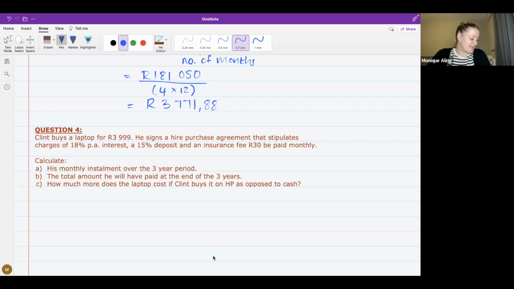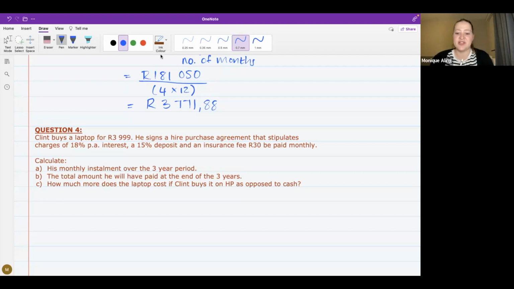So Lek has given us an answer already, and it is correct. On fire. Nice. Good, Whitney. Yes, yes. Oh, okay, now they're all coming through. Okay, guys. So Clint buys a laptop for 3,999 Rand.